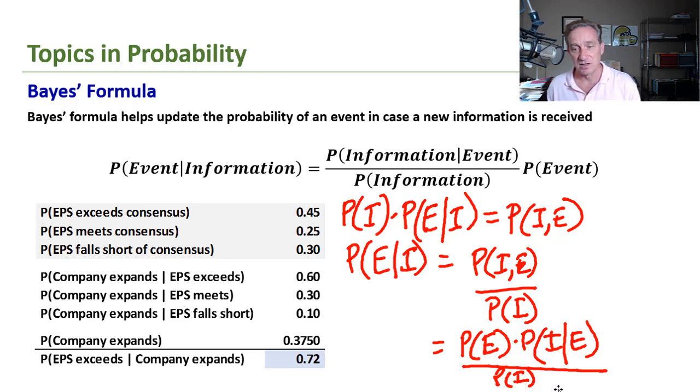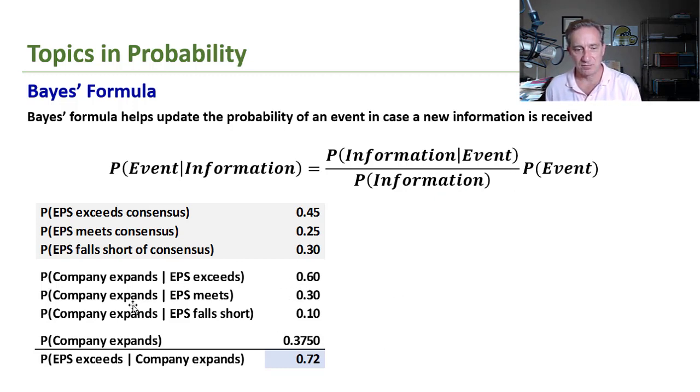And so that allows us to solve for this conditional probability as a function of this conditional probability, which reverses the information and the event. And you can see that is this same expression here.